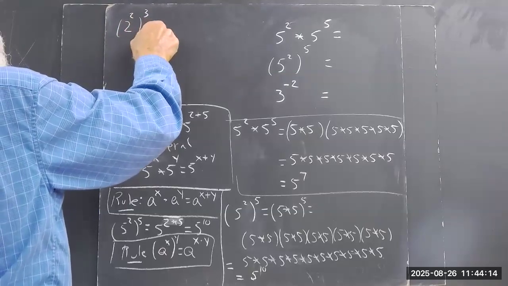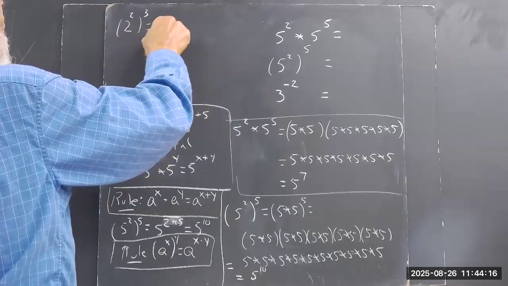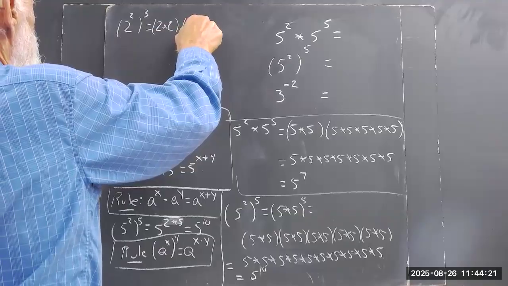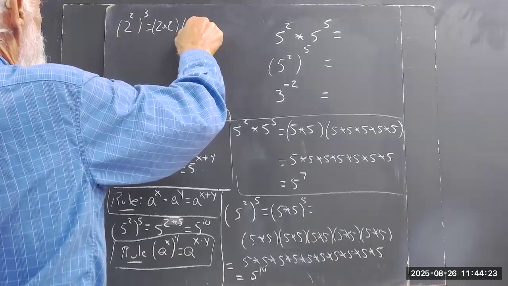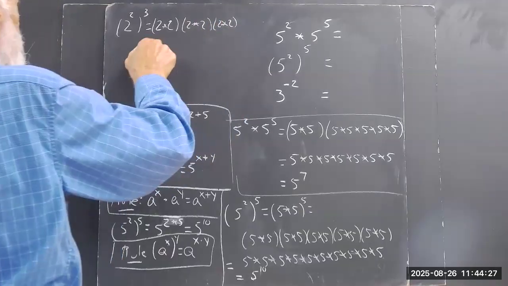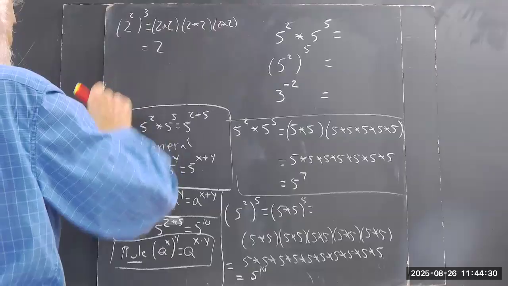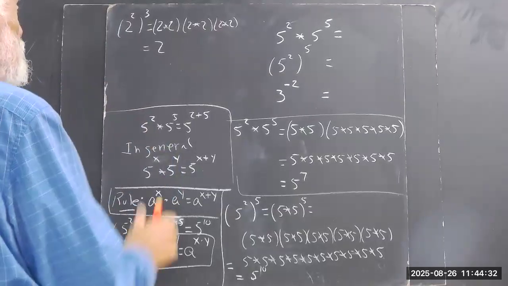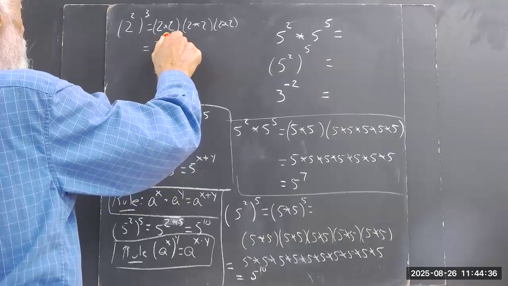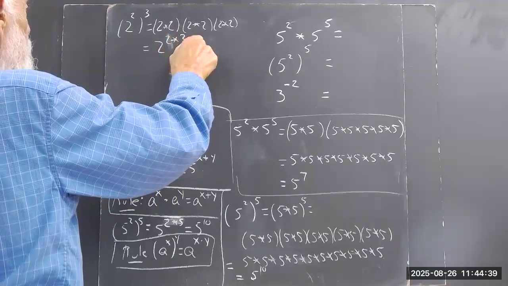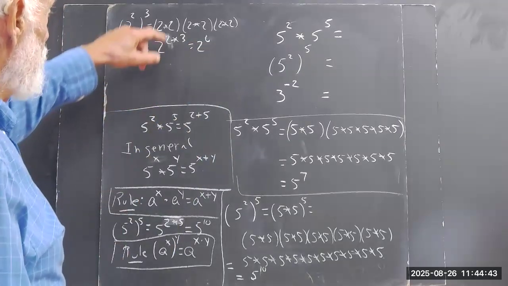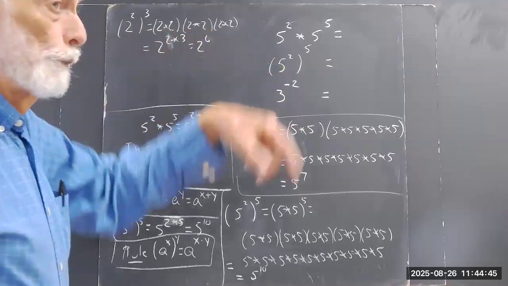Now, the easiest way to write the rules and the easiest way to remember it is probably 2 squared cubed equals 2 times 2 multiplied by 2 times 2 multiplied by 2 times 2, equals 2 to the 2 times 3, which is 2 to the 6th, because you got 3 groups of two 2s, right?